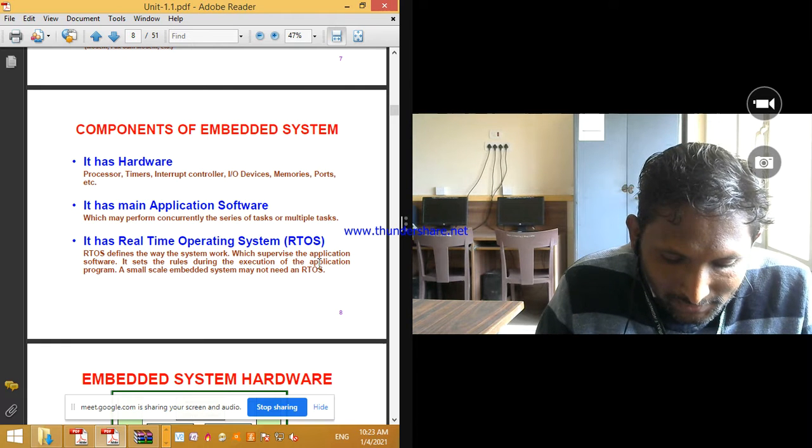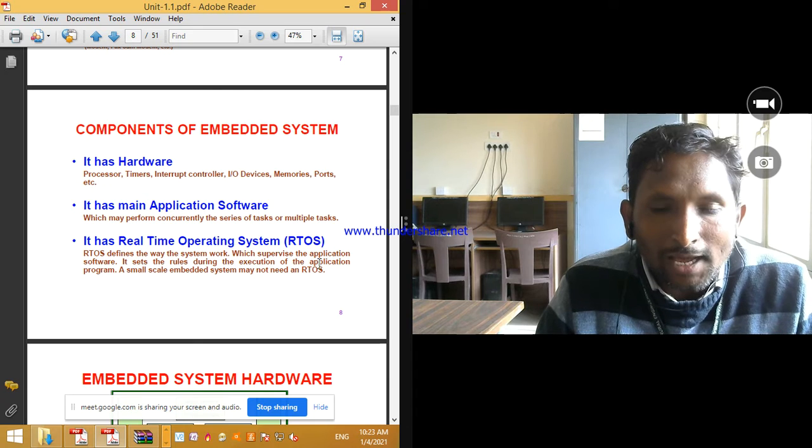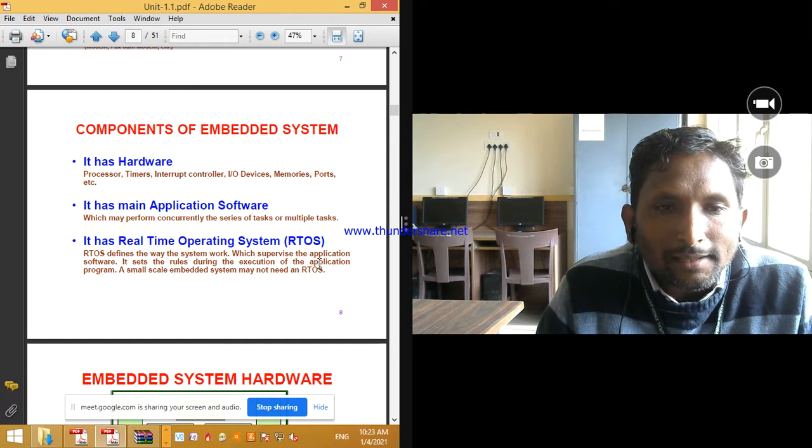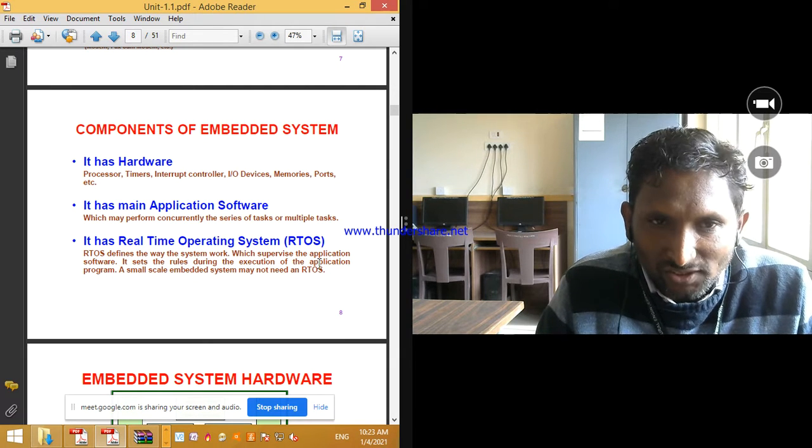Which are the processors that I have said to you earlier? That is Arduino, Atmel, and Raspberry Pi. These are the hardware kits which use Atmel processors.